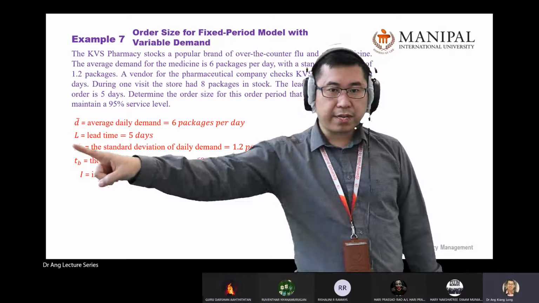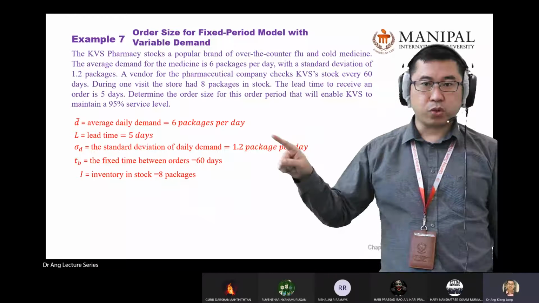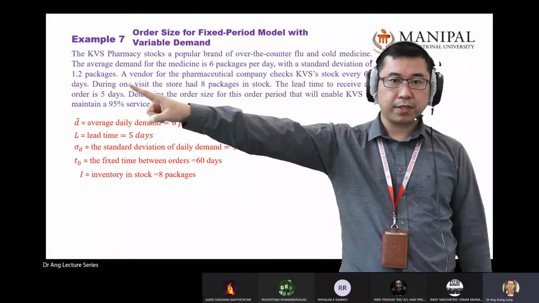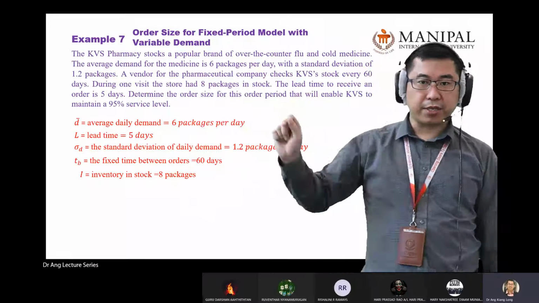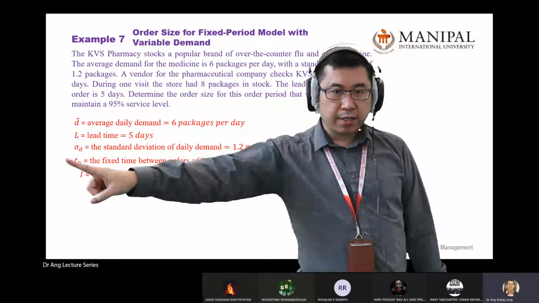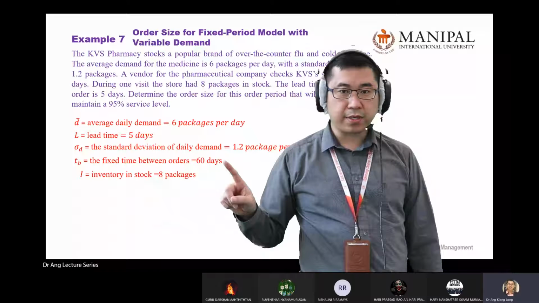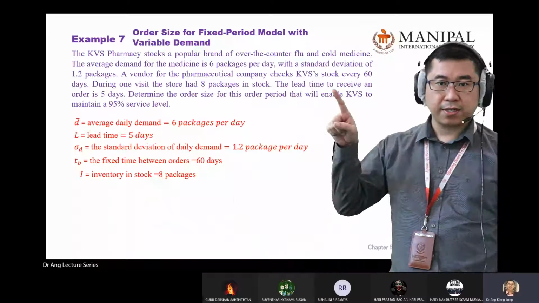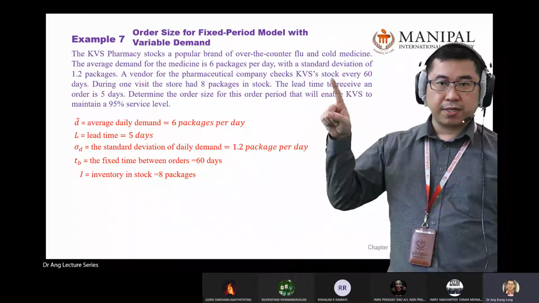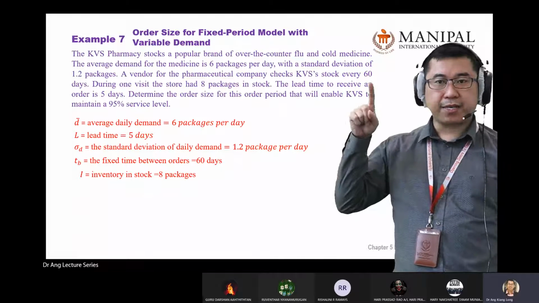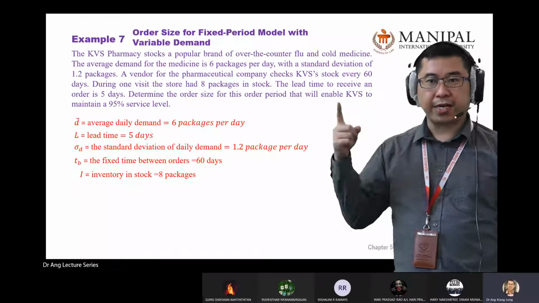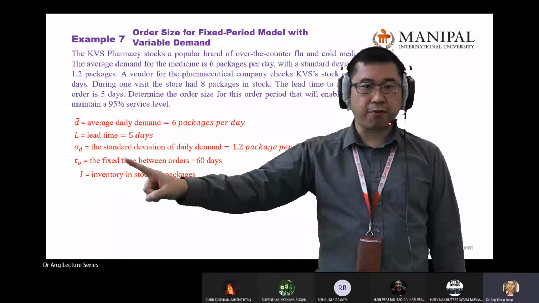Your standard deviation 1.2 here. Standard deviation given. T sub B, the fixed time between orders, is 60 days, because your supplier goes into your store and updates your order every 60 days.